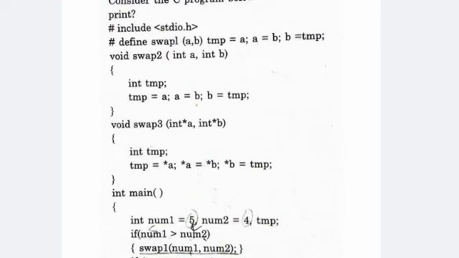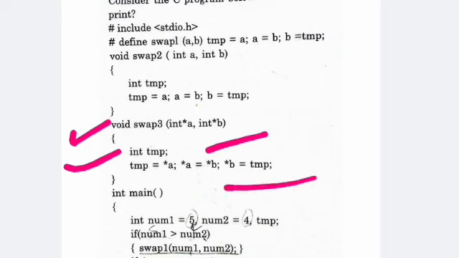And another void function is swap3, which uses the pointer integer variables a and b, with temp equal to pointer a, pointer a equal to pointer b, and pointer b equal to temp.